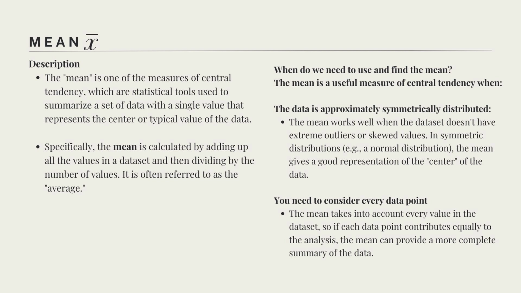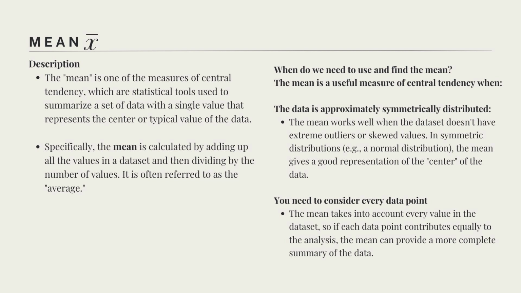The mean is a useful measure of central tendency when the data is approximately symmetrically distributed. The mean works well when the dataset doesn't have extreme outliers or skewed values. In a symmetrical distribution, for example a normal distribution, the mean gives a good representation of the center of the data.